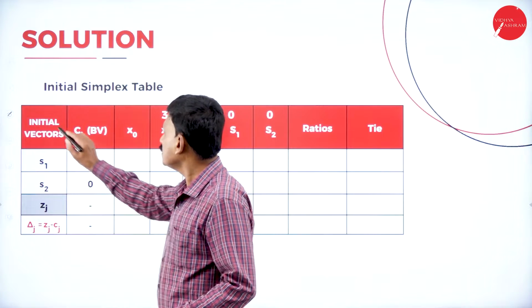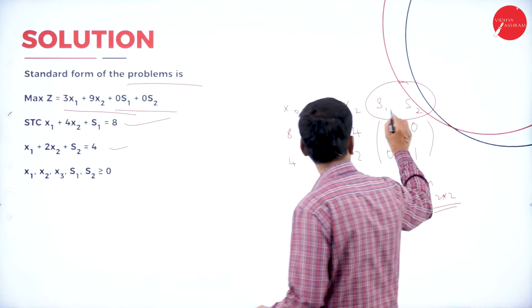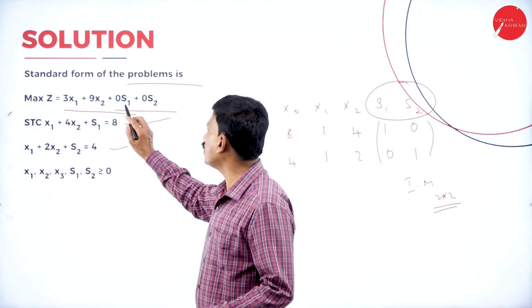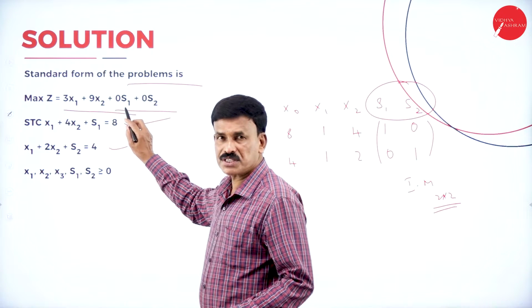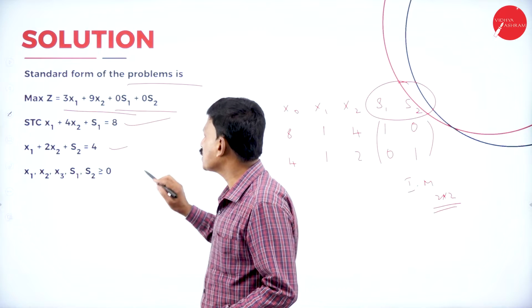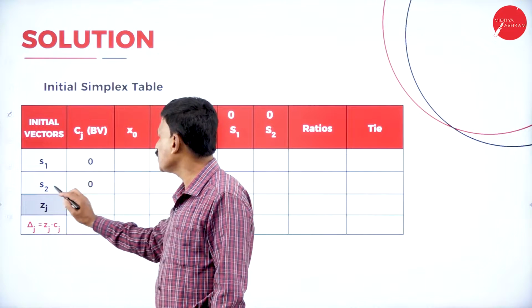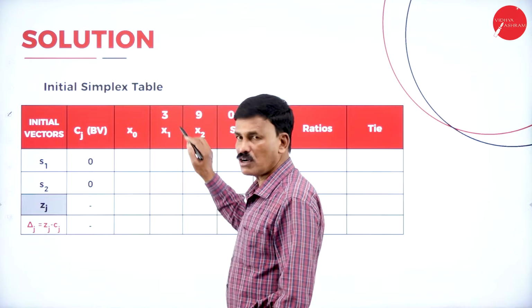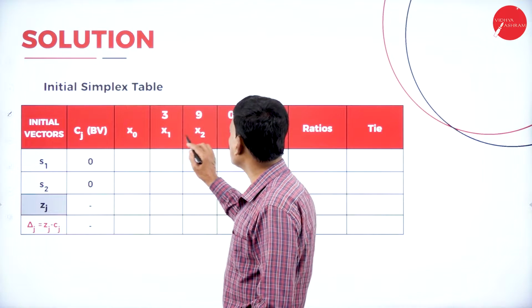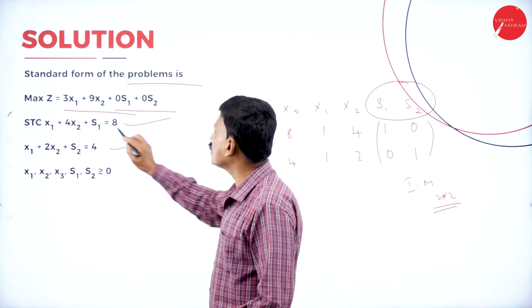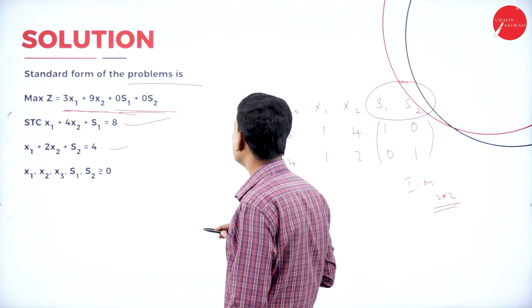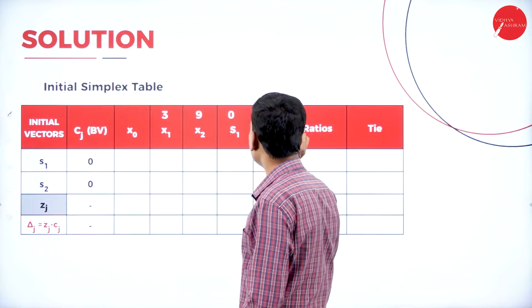For the initial vectors, we have s1 and s2, and their coefficients in the objective function are basically 0, so we assign 0 and 0 for s1 and s2. From the objective function, the coefficients of x1, x2, s1, s2 are 3, 9, 0 and 0.